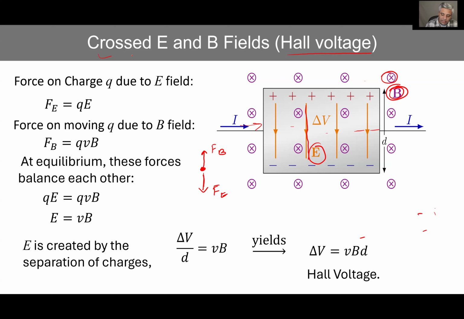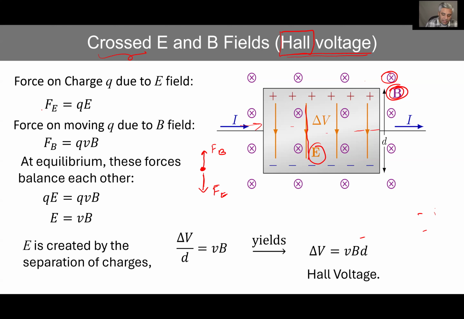That's why it's the crossed field, right? If one is going this way and another is going that way, say that's B and that's E, then the angle between them is 90 degrees. So we call that crossed field. And this developed potential is also called the Hall voltage. Probably you can guess this effect was first discovered by some scientist named Hall, right?